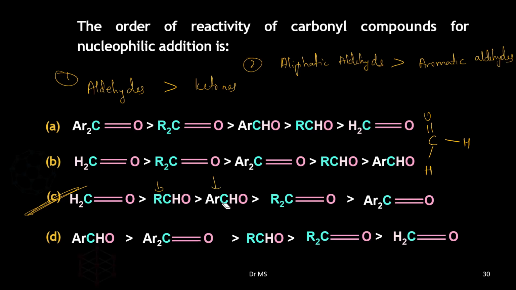And here, this is the ketone. And we know compared to aldehydes, ketones are weaker. And within the ketones, aromatic and aliphatic, aromatic is the least. So this is the aromatic ketone. This is the aliphatic ketone. And this is the aromatic aldehyde.